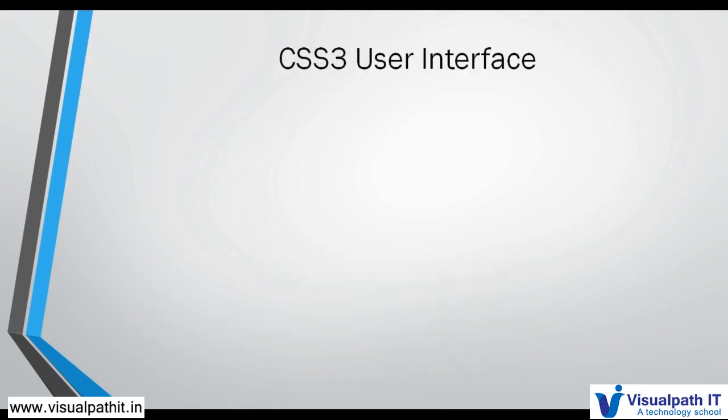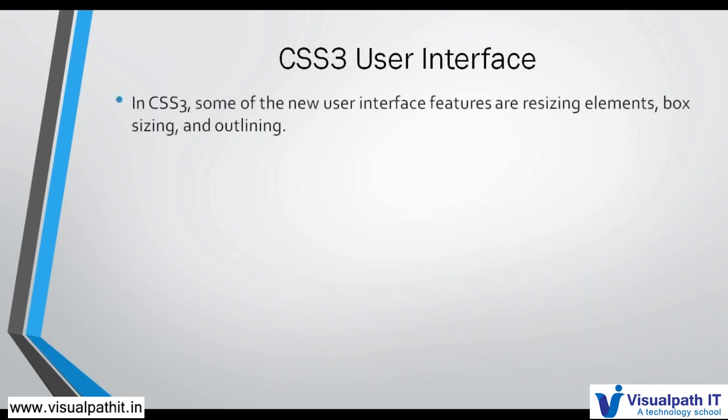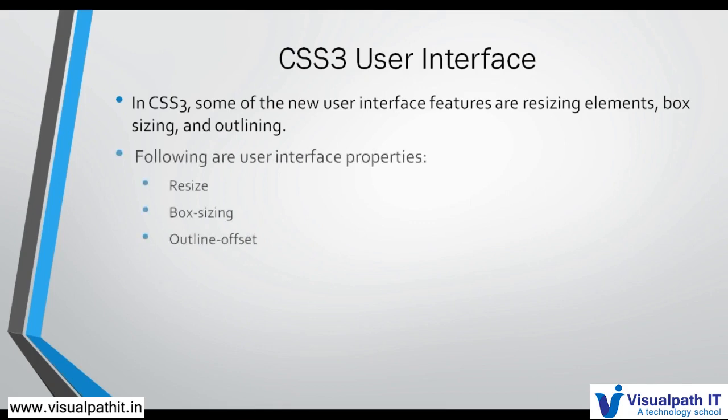Now CSS3 user interface. In CSS3, some of the new user interface features are resizing elements, box sizing and outlining. So below you will learn the following user interface properties, which are resizing, box sizing and outline offset.